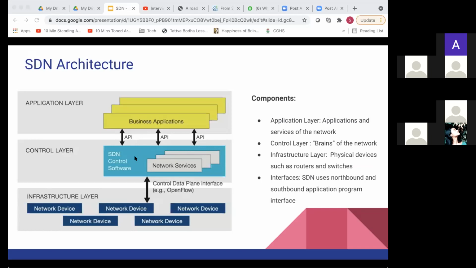The control program understands this topology and decides what needs to be done. Basically, whatever the operator wants to do, the control program will do it. If the network administrator comes and says, apply this particular policy on this set of devices in a dynamic fashion, the control program will communicate to the switches and tell them what to do.